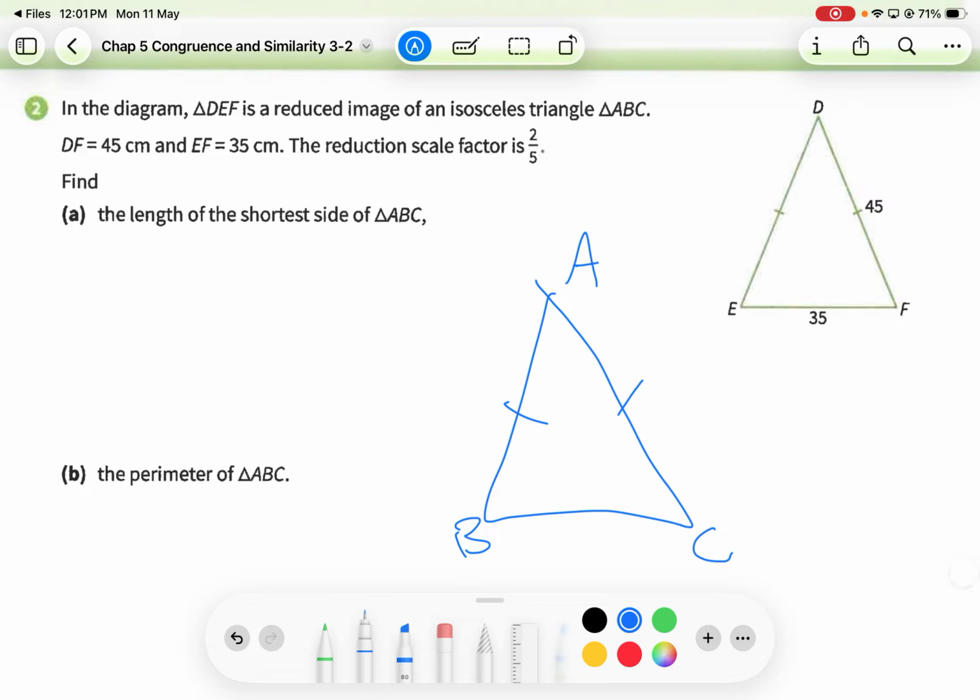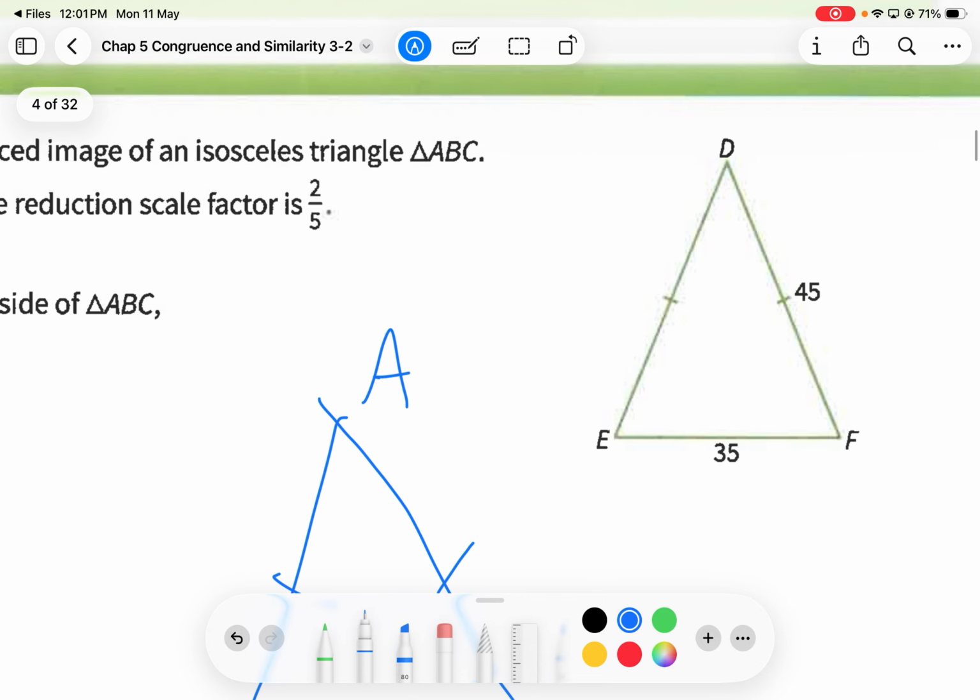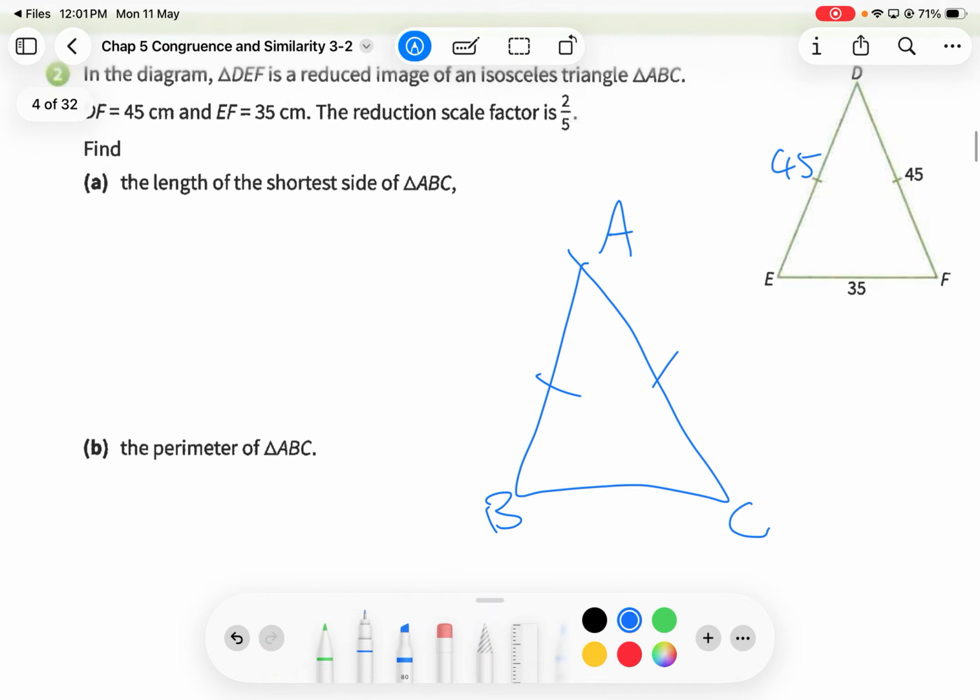Find the length of the shortest side of triangle ABC. These two sides are the same. Okay? So if I go back to my image, here 45, here also 45. So the shortest side is this side, meaning in my original, my shortest side will be BC.